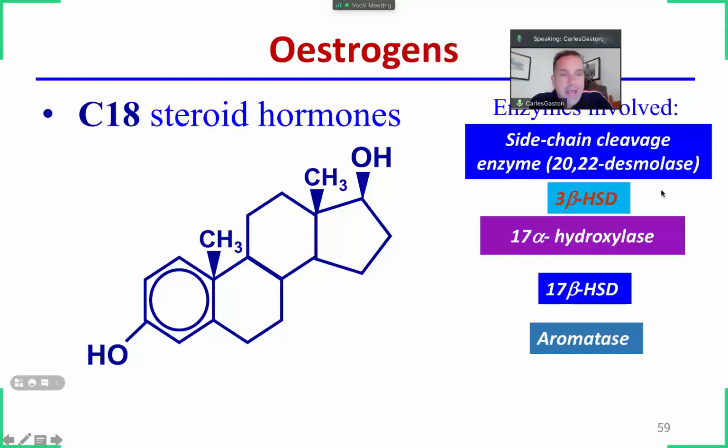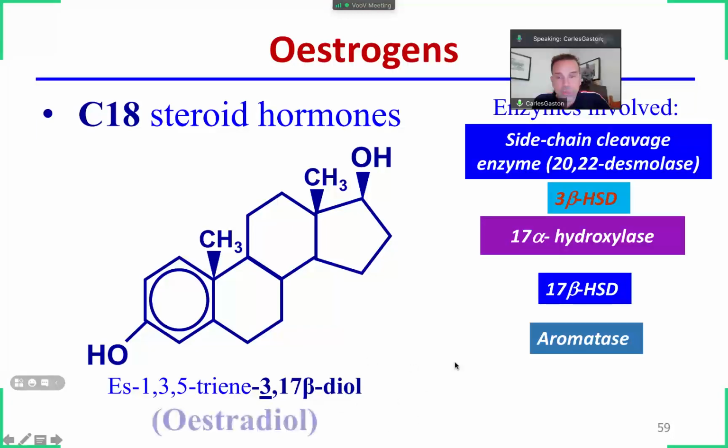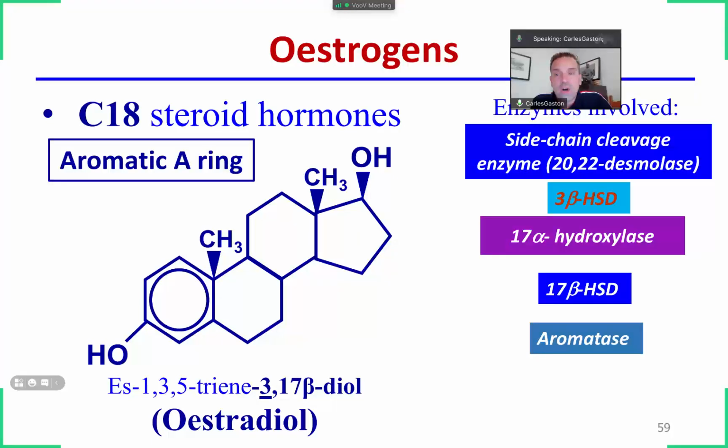Enzymes involved, again, side chain cleavage enzyme 20,22 desmolase, 3 beta HSD, 17 alpha hydroxylase, 17 beta HSD, but then it has an aromatase enzyme, which forms estradiol, which characterizes the estrogens, right? So it adds an aromatic A ring.